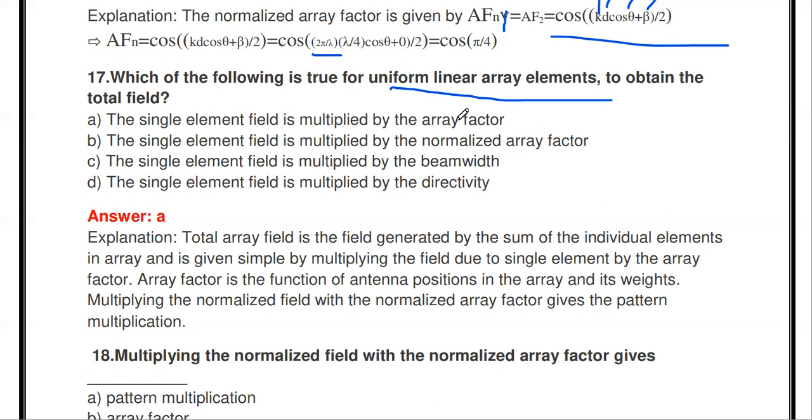Which one is true? The total field is nothing but the single element field multiplied by array factor, not normalized array factor. So this is the correct one.